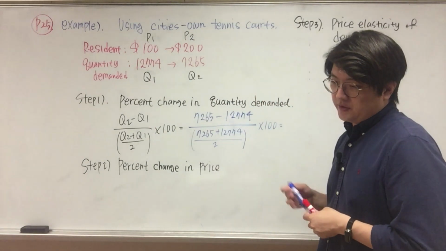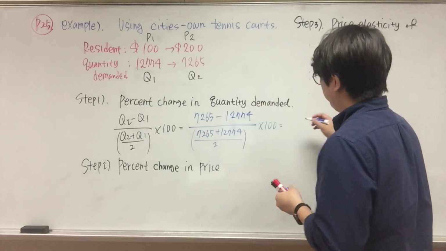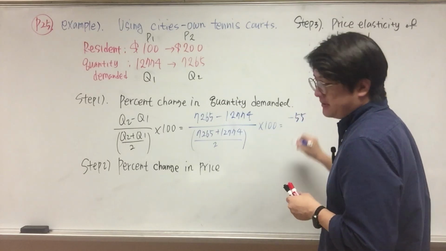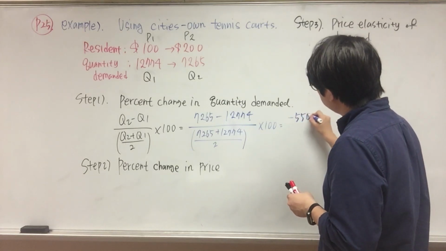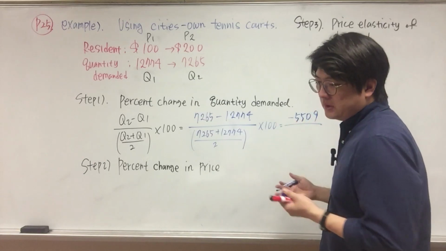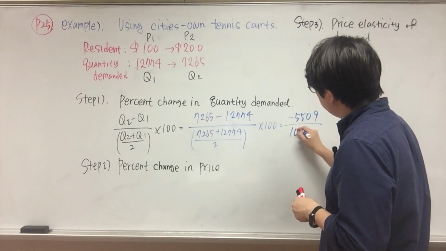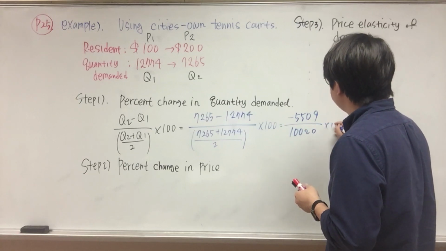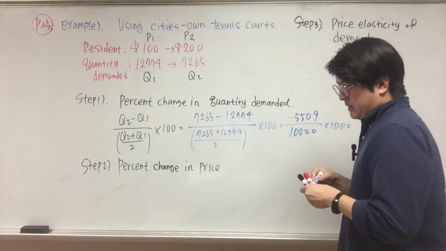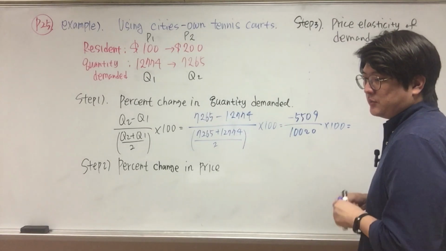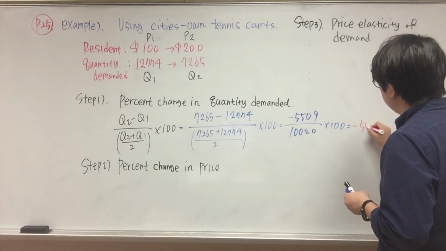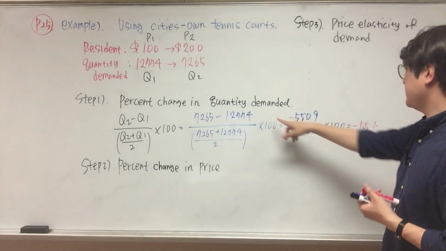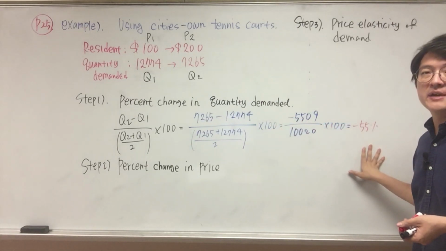If you calculate at home, it would be minus 5509 divided by 10020, times 100. And in the end, we have minus 55%. So the percent change in quantity demanded is minus 55%.